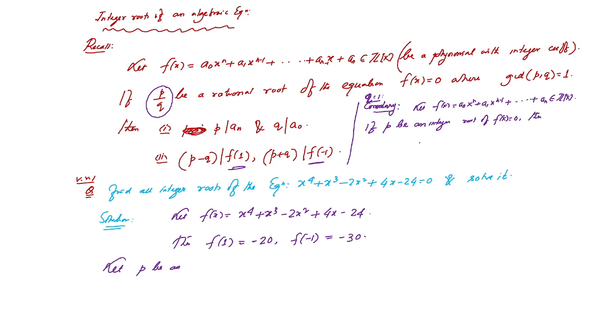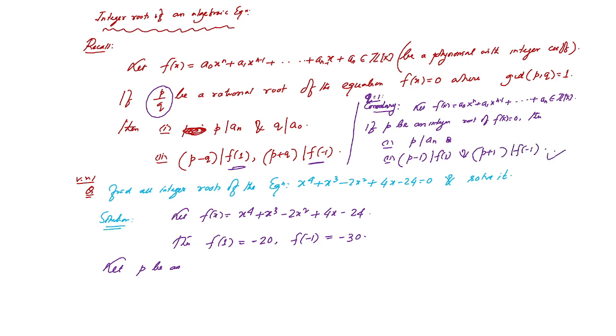Then by the recall we can say p divides an. 1 divides a0, that is not required, and p minus 1 divides f(1), and as q value is 1, p plus 1 also divides f(-1).